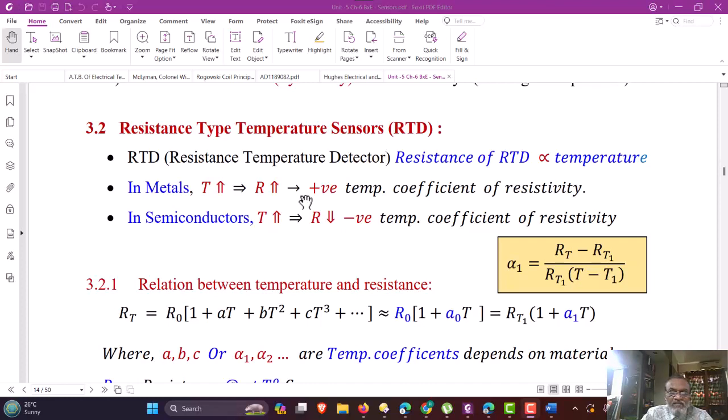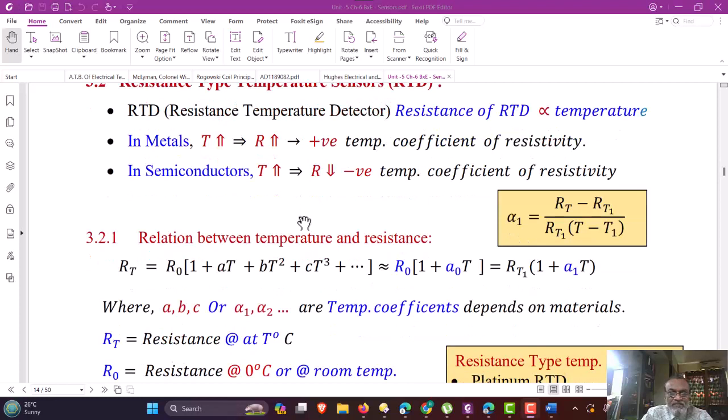Since in metals, the resistance of a metal wire which is subjected to temperature changes its resistance, the resistance is increased with change in temperature, and therefore the temperature coefficient of metals is positive.